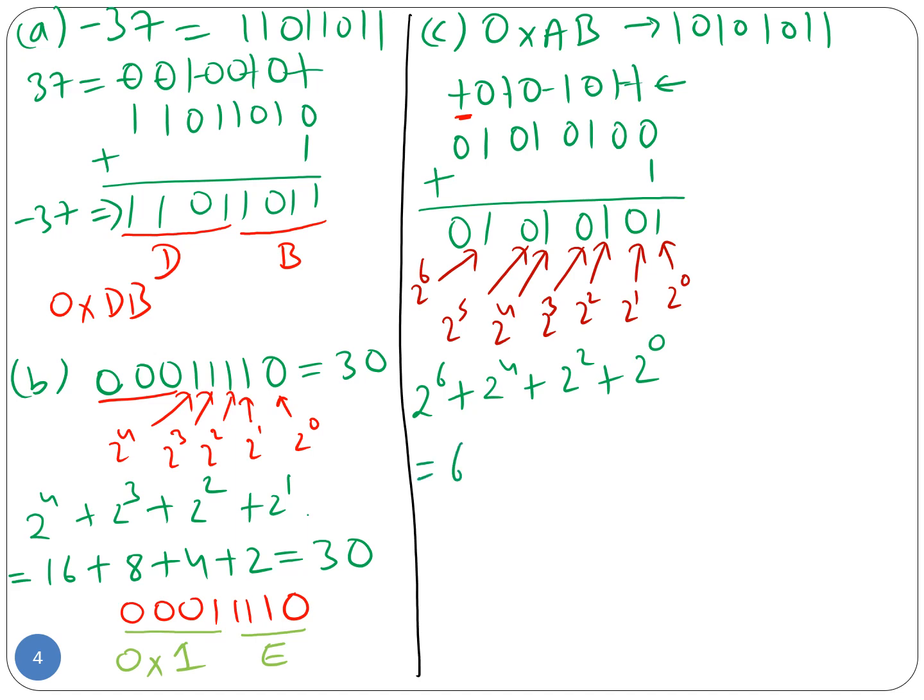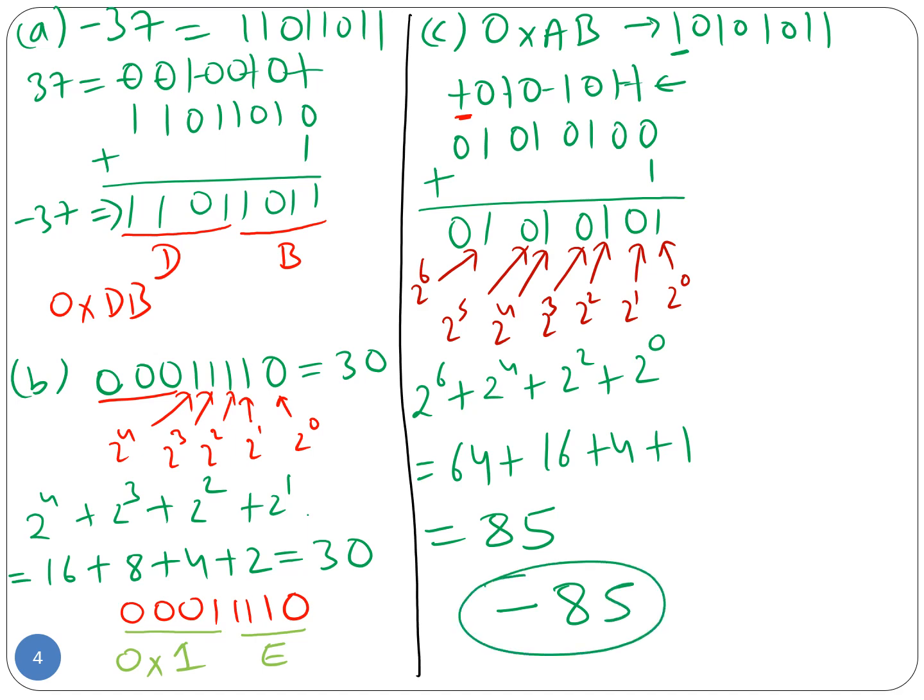So this is basically 64 plus 16 plus 4 plus 1, which all adds up to 85. The magnitude of this number is 85, and because the leftmost sign bit is 1, the number is actually minus 85. This is the answer.